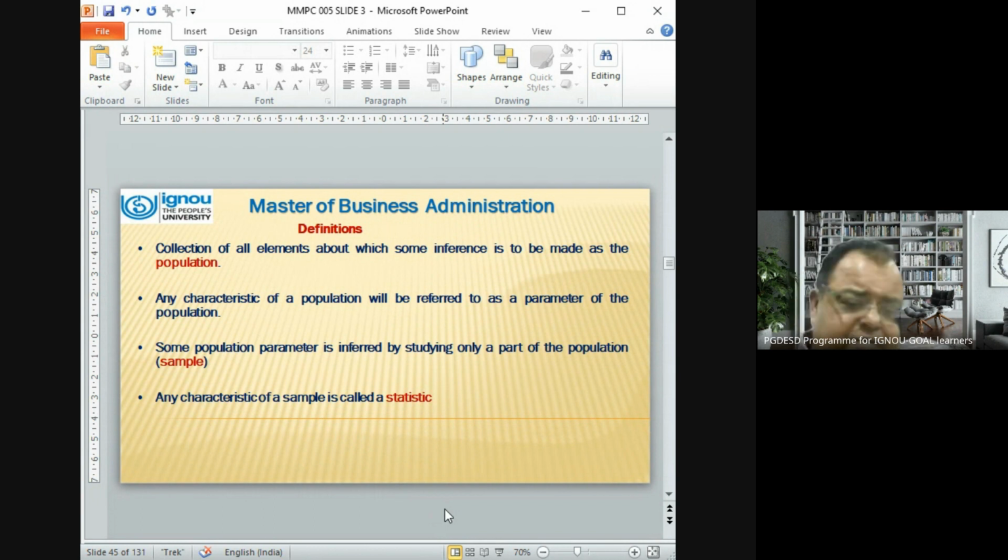Any characteristic of a population will be referred to as a parameter of the population. Some population parameter is estimated by studying only a part of the population, that is a sample. Any characteristic of a sample is called a statistic.